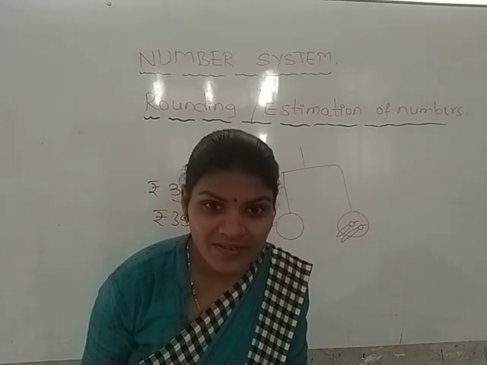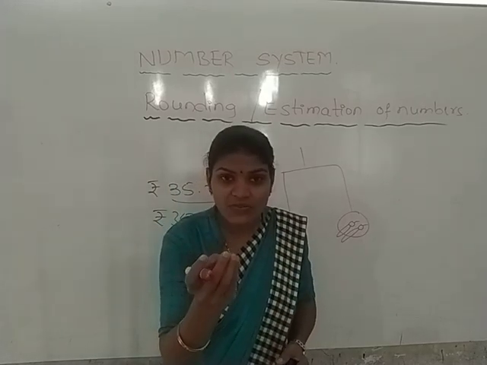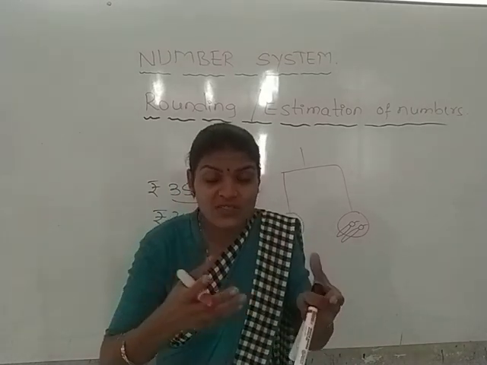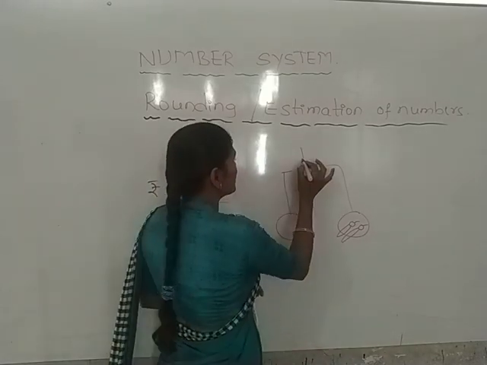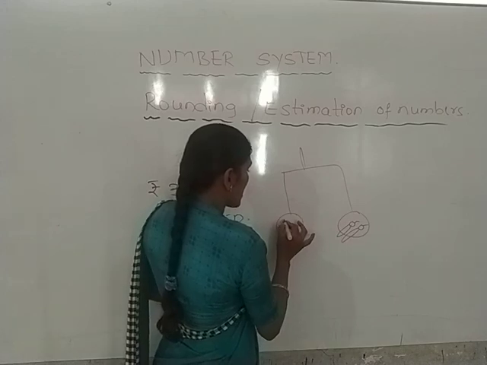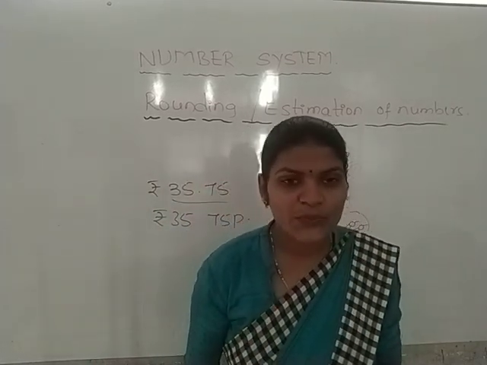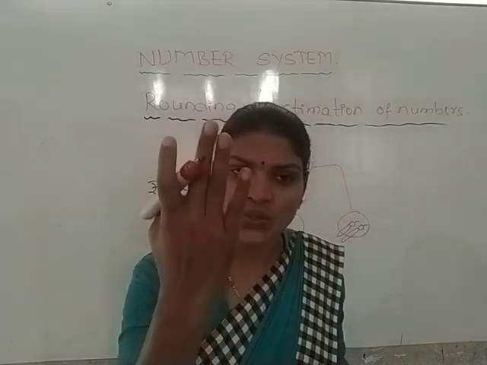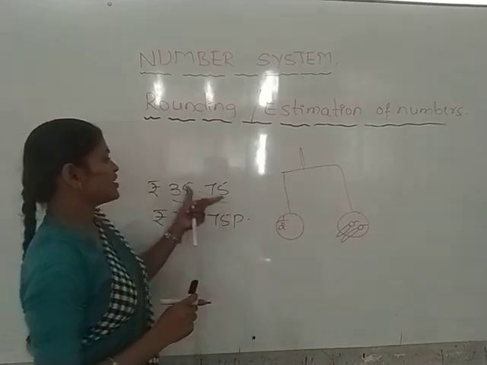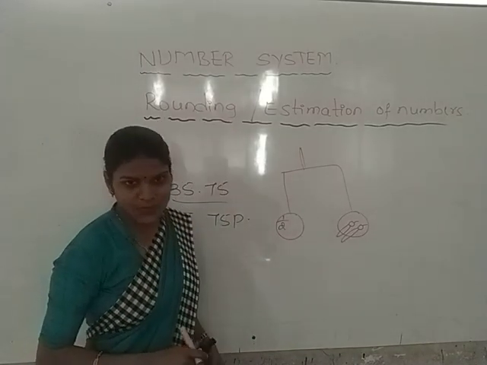No. How much rice have you purchased? Will you count the number of rice pieces? It's not possible. That's why we take an average half kg, 1 kg, 2 kg. We cannot use exact numbers here. So in all those conditions, we are using estimation or rounding of numbers.